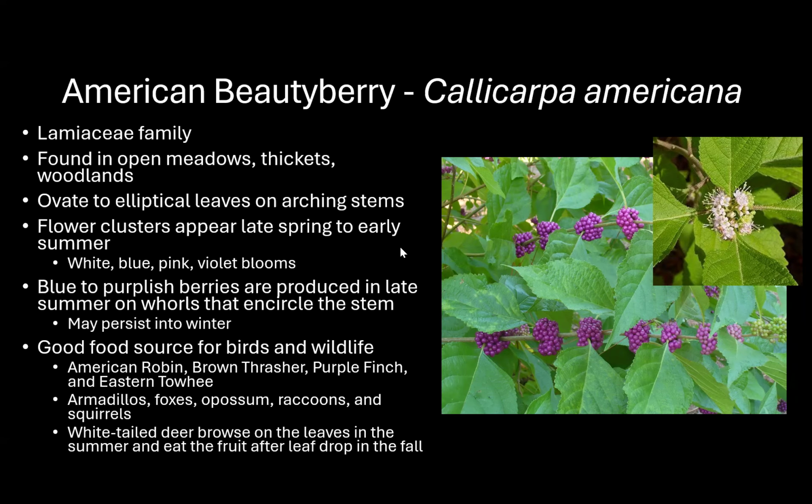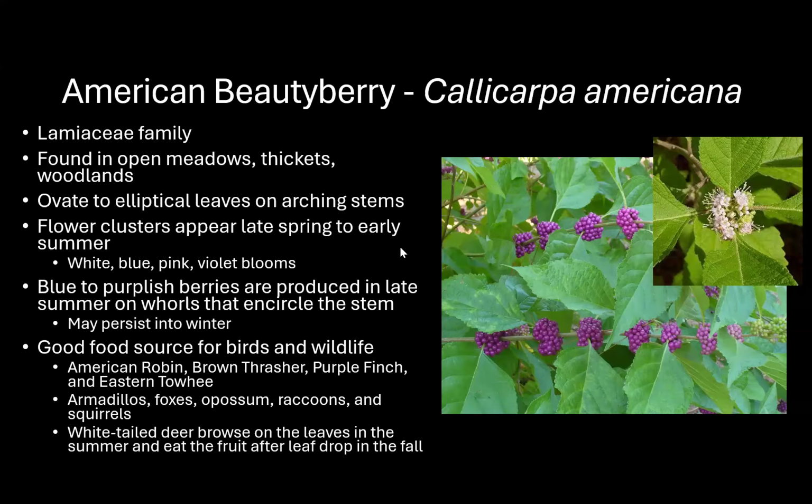The best thing I can describe the flower cluster as is almost like flowers of a spirea. They get those little clusters of anywhere from white to pink flowers, although with some of the cultivated varieties you might get some other colors as well.